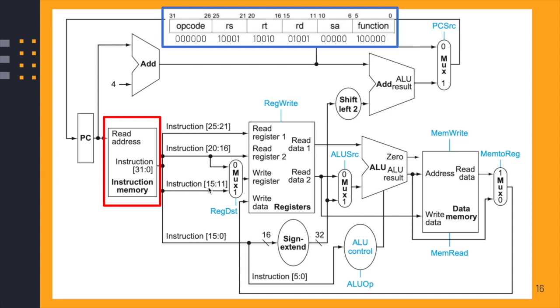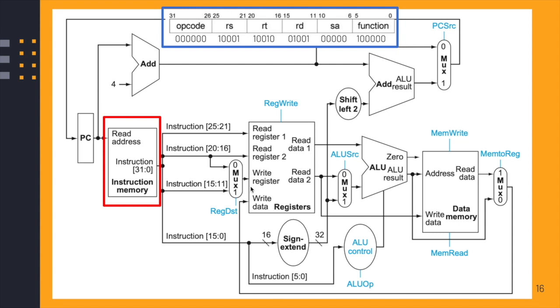Will I write my data in the register specified by bits 11 to 15, which is the RD, or in the register specified by bits 16 to 20, which is the RT? If I'm an R-type, will my destination be RT or RD? Definitely it's RD. Thus the multiplexer signal, the RegDst, will be 1, and this value will pass here.